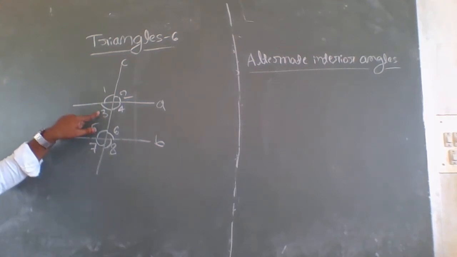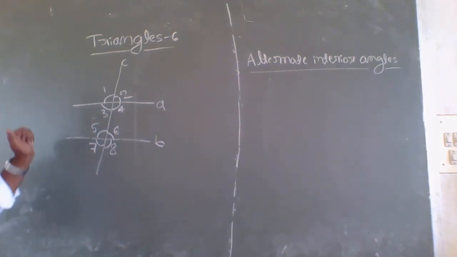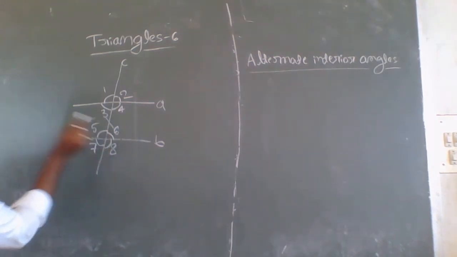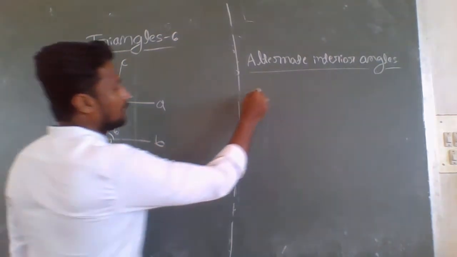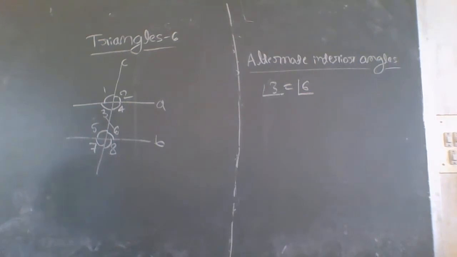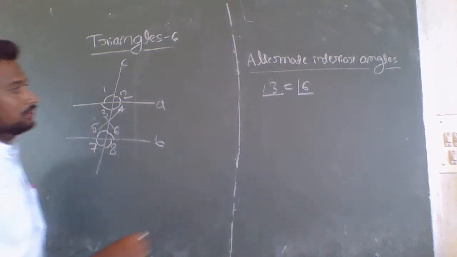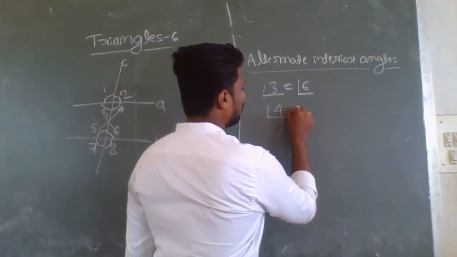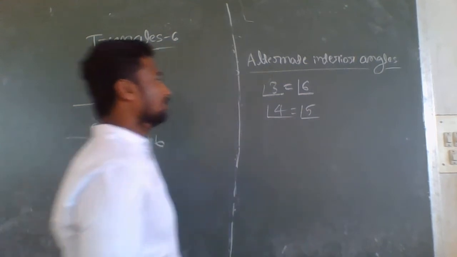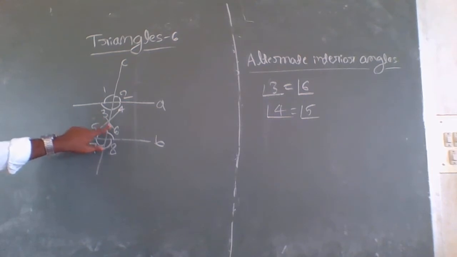Angle 3 is an interior angle, and angle 6 is also an interior angle, and these are alternate to each other. So angle 3 is equal to angle 6. Like this, angle 4 is equal to angle 5, because these are interior angles and alternate to each other. 3 is equal to 6, 4 is equal to 5.